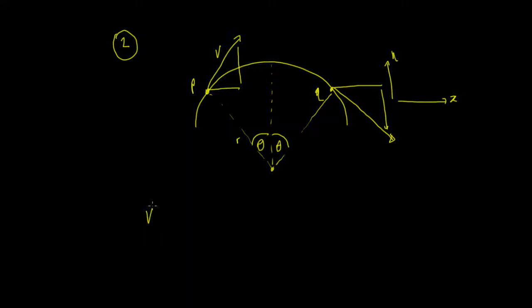The velocity at point P in the x direction is just going to be v cos theta. Well, that's our theta there. And the velocity at point Q in the x direction, again, is just going to be v cos theta.